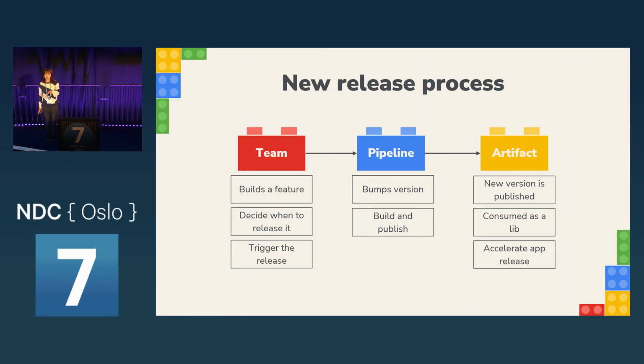That means they can trigger the pipeline to publish it, and the pipeline will be triggered and bump the version, build, and publish to artifacts. In artifacts, the new version is published and can be consumed as a library. And in the end of the day, all this process will contribute to and accelerate the app release as well.